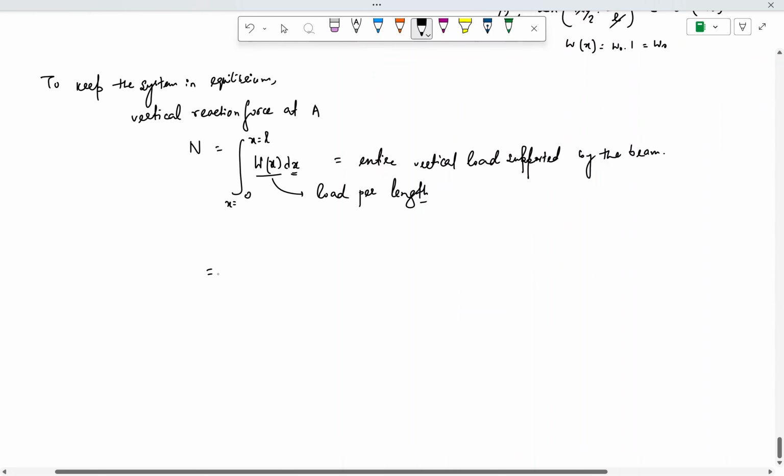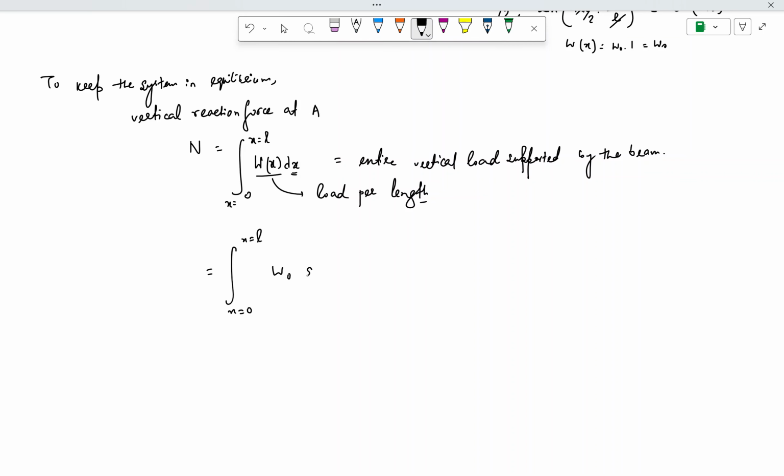Now you just have to put the expression for Wx, which we have written down. So this is the integral of W naught sine pi x by L dx.